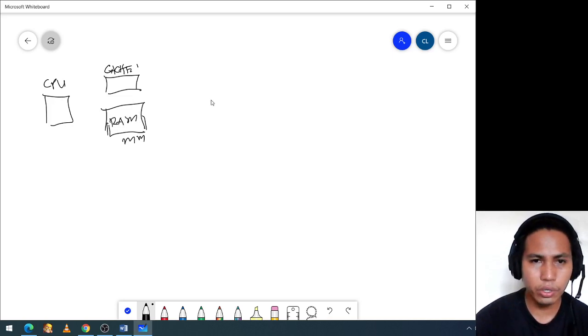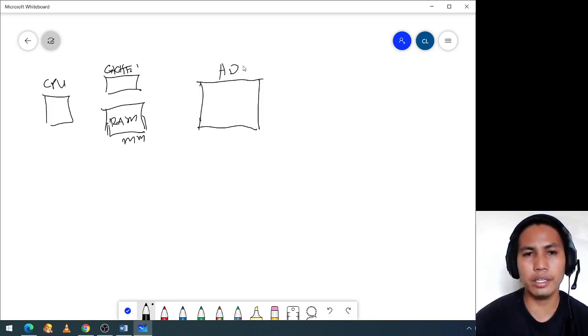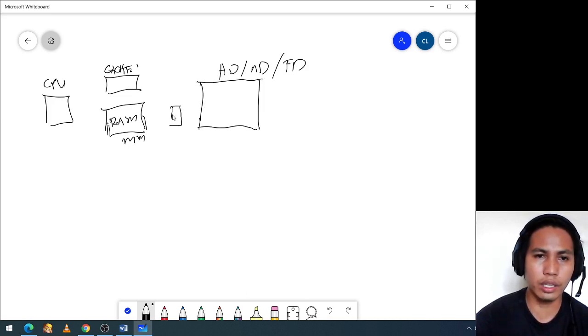Then of course, we have auxiliary memory, or andito na si hard disk, network drive, dyan na lahat. So flash drive and so on. So of course, it is connected via I/O processor. So ayan, connected po yan.